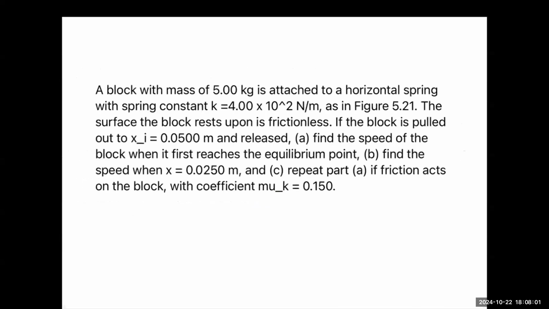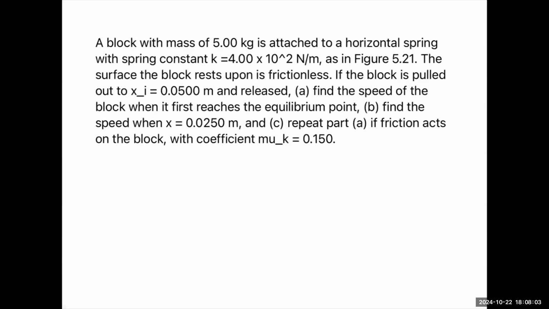If you want to draw a diagram for this one, we have a surface, and we have a block, right? And then this block is attached to a horizontal spring. So here's a wall, and this is attached to a spring.